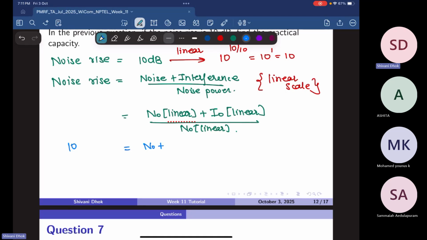I'm dropping the linear label, but everything is still in linear scale. So now we get 10 times N naught equal to N naught plus I, which means that your I naught is 9 times N naught.